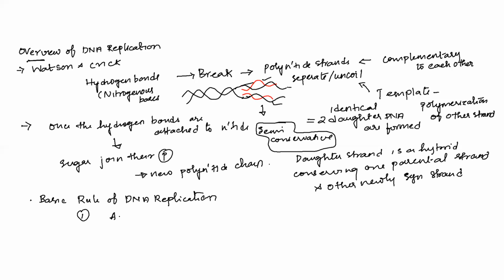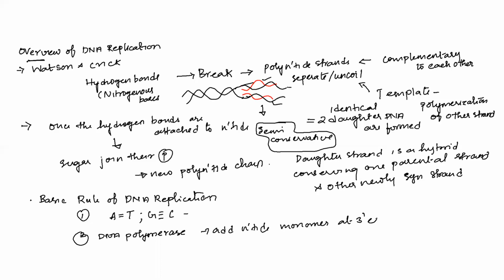That is, adenine is going to base pair with thymine and guanine with cytosine. So the DNA polymerase, which is a very important enzyme in replication, is going to add nucleotide monomers one by one at the 3' end of the growing strand.